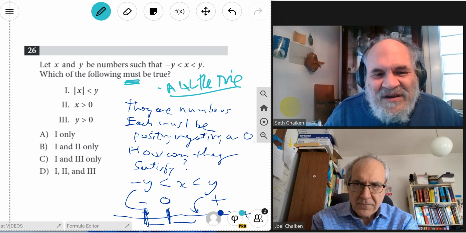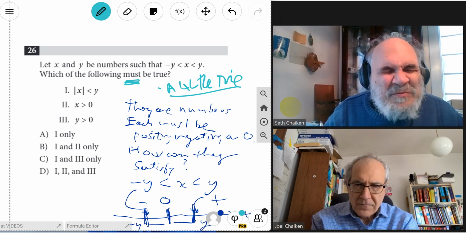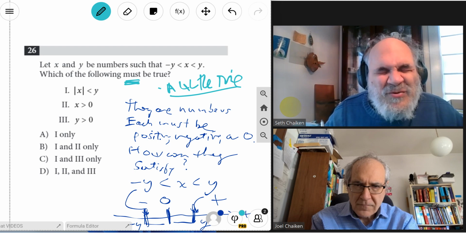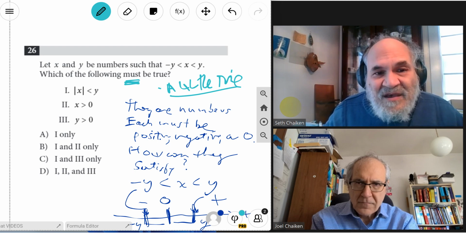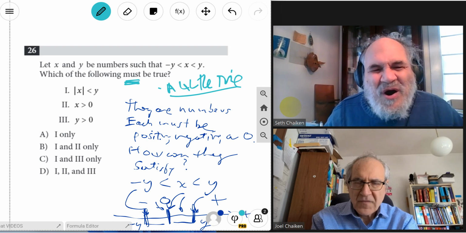So x has to be in between y and minus y, and I read off what must be true. x is somewhere in between, and it cannot be equal to y, and x cannot be equal to negative y.